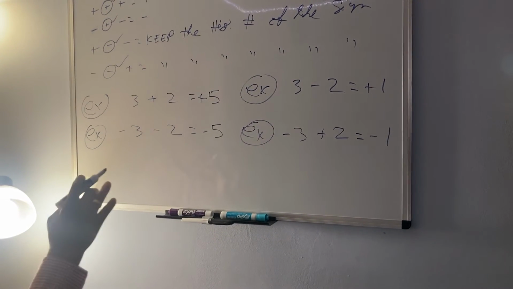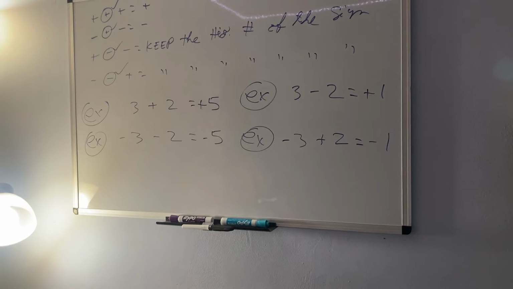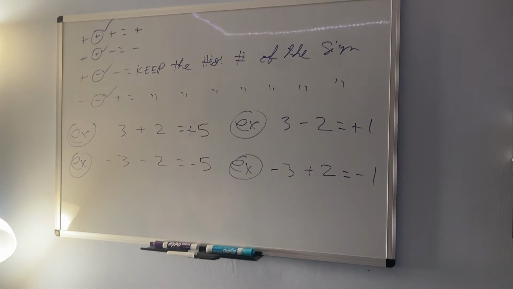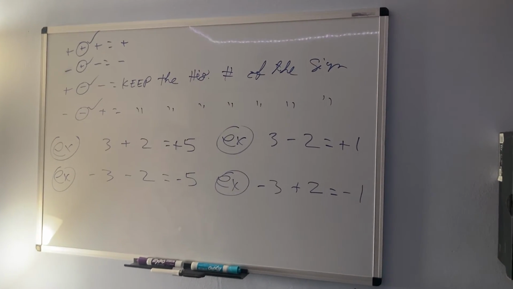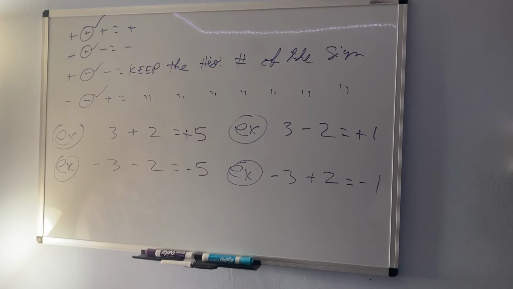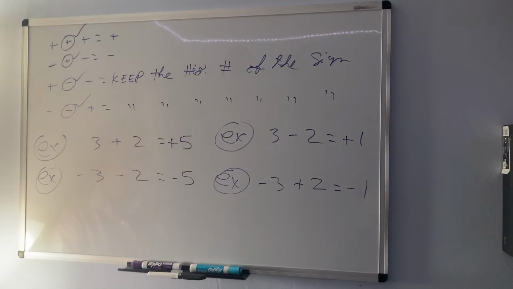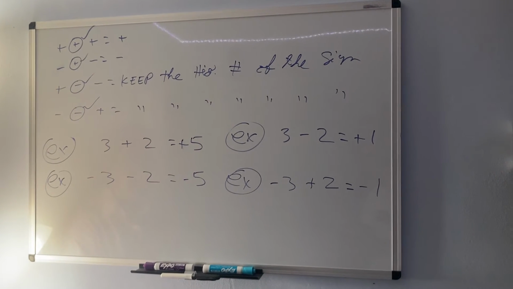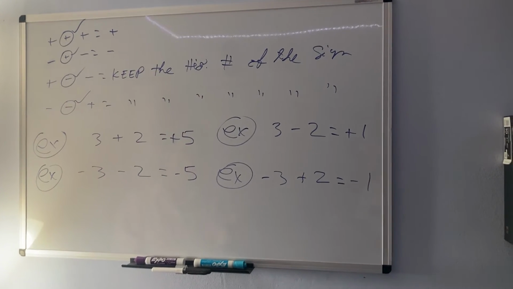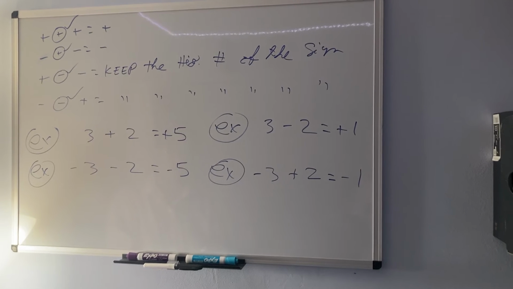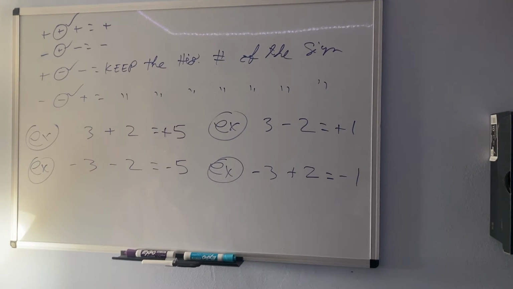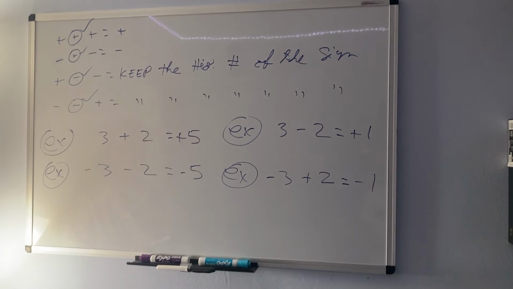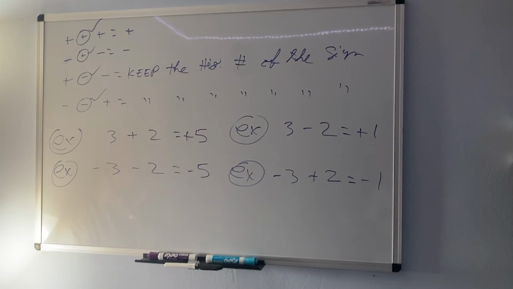So what is the reason for this? This is a basic arithmetic question. The reason is to understand the sign. It's a basic mathematics rule and it applies everywhere. Even if you take calculus, it applies. Even if you take pre-calculus or trigonometry, it applies. So the rule is to understand the sign.